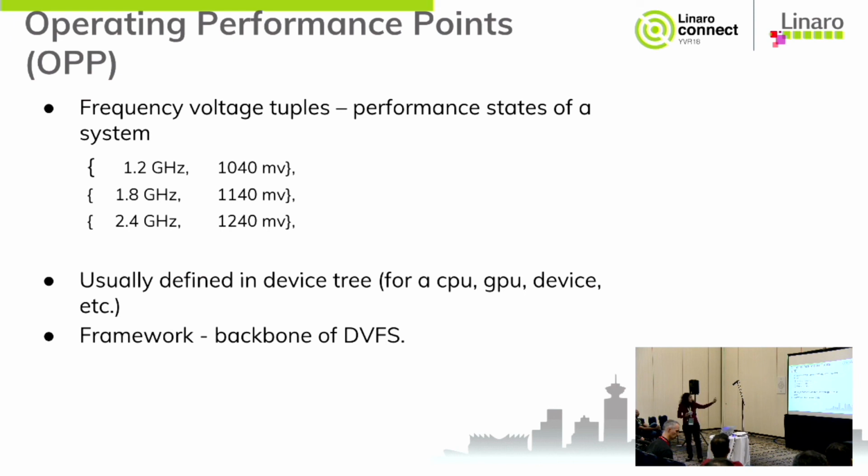These values are usually defined in the device tree. It is defined per device basis for a CPU, for a GPU, for any other device that has various frequencies associated with it. And there is an OPP framework in Linux kernel. It kind of forms the backend for the DVFS itself.